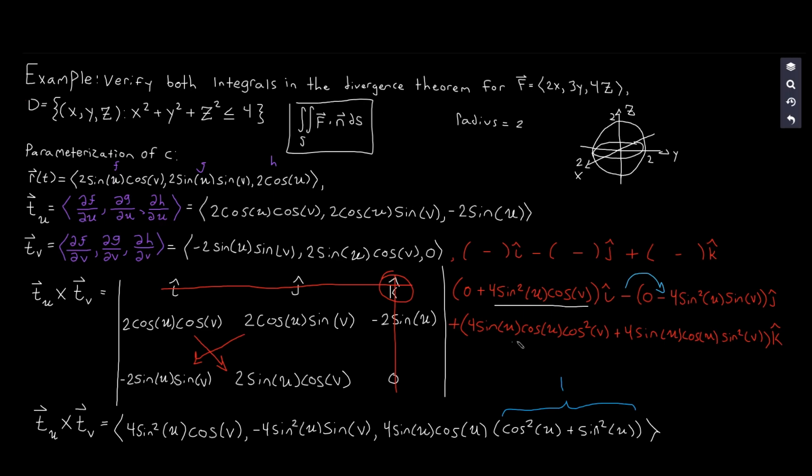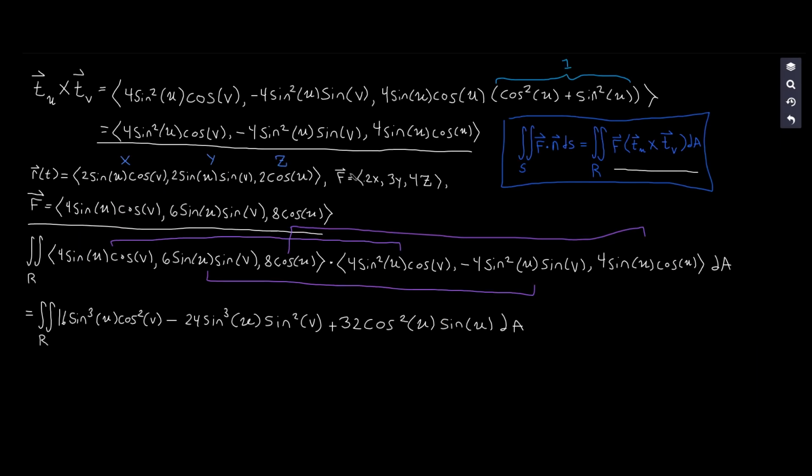Oh, okay. Right, so this is gonna be positive 4 sine squared of u times sine of v. But then what does that mean for this? Well, that means that this is also gonna be positive. So when you dot it, this is supposed to be dotted with a positive.